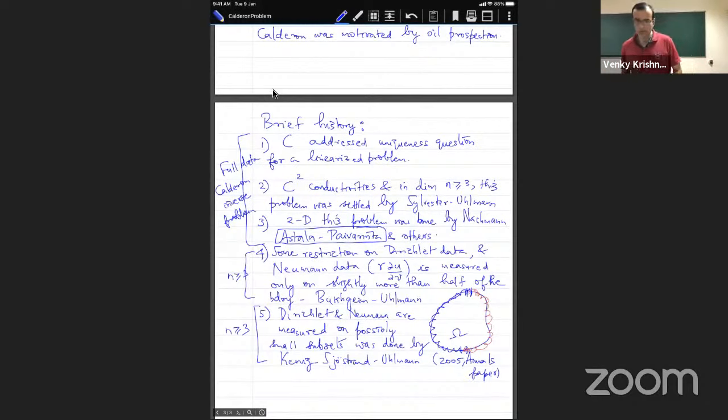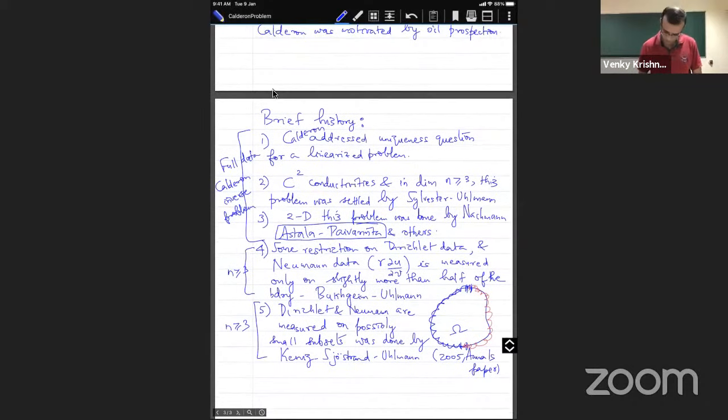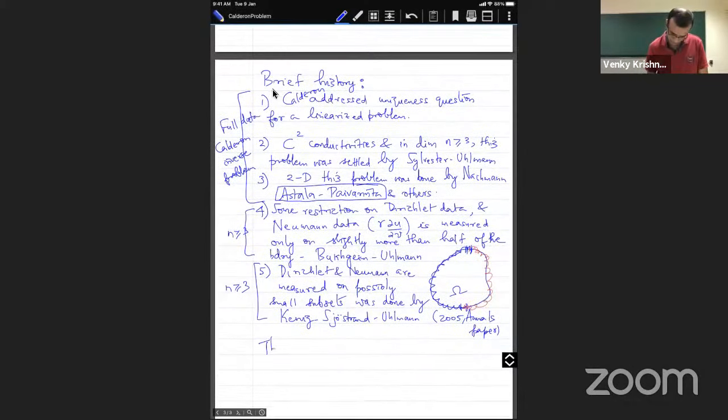So these are some of the developments in the Calderon inverse problem. By no means is this a comprehensive history.